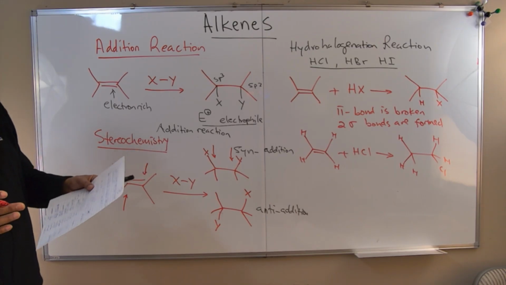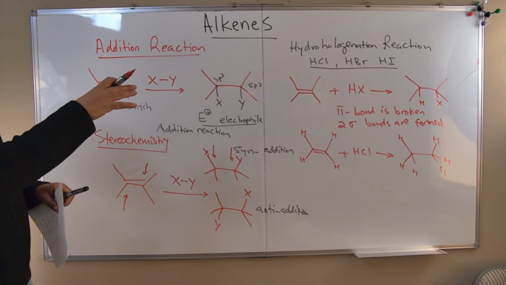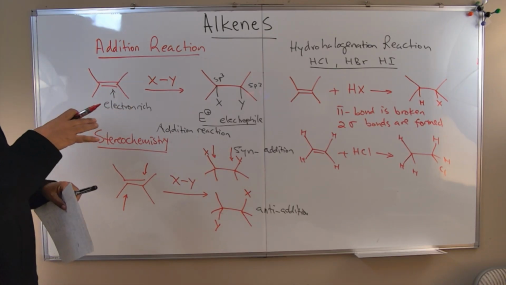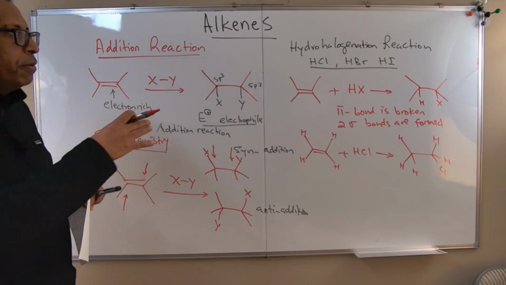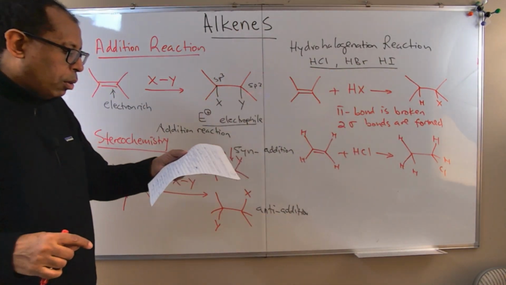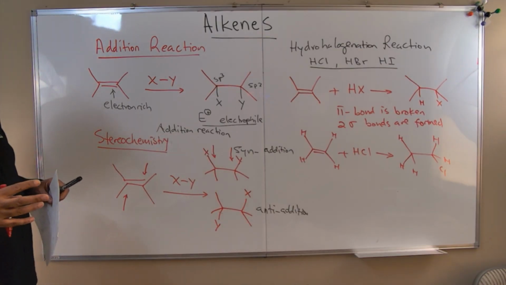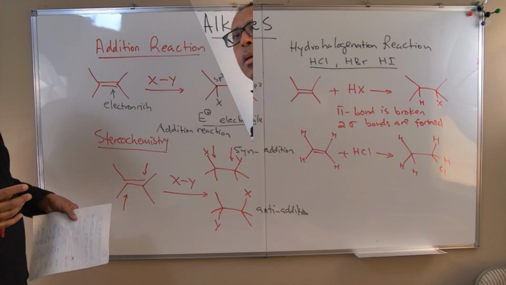So this is called hydrohalogenation. But what we add to the double bond also varies, because you can have several different reagents. These are the most common ones you can add, but I will show you different reactions first before we proceed into details of the reactions.